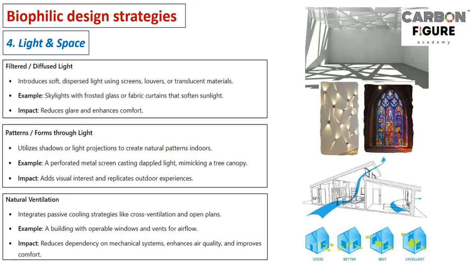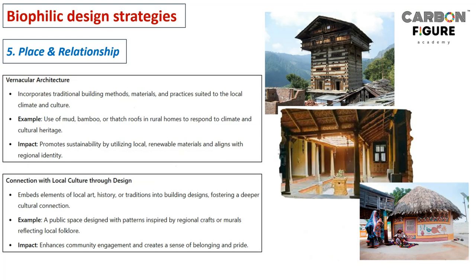So this module talks about the same strategy of natural ventilation, but the objective is something different, right? If you completely close all your windows and openings and completely switch on your air conditioner or fans, over time you would feel a headache, right? Because you need the flow of air, right? So that's what they are telling. Try to incorporate natural ventilation.